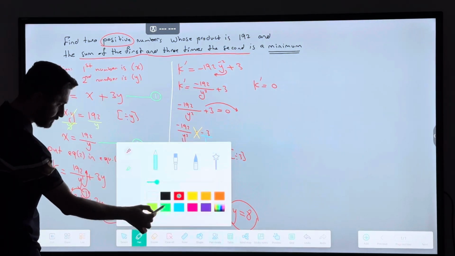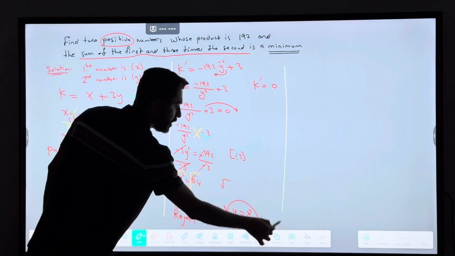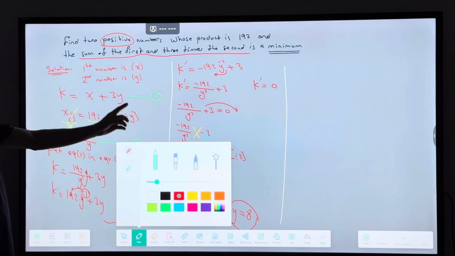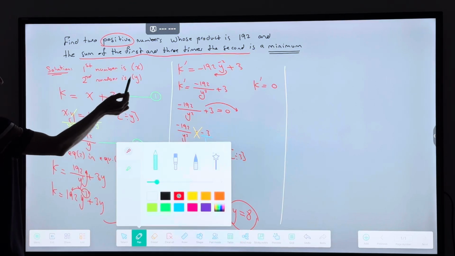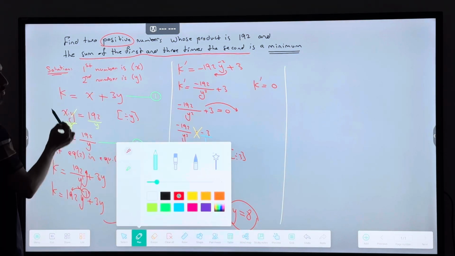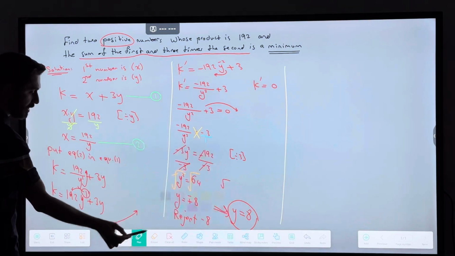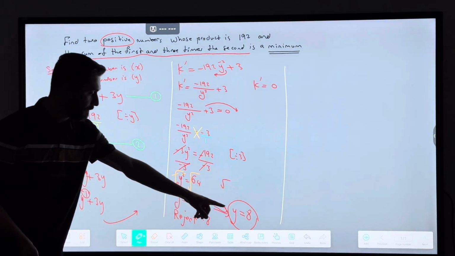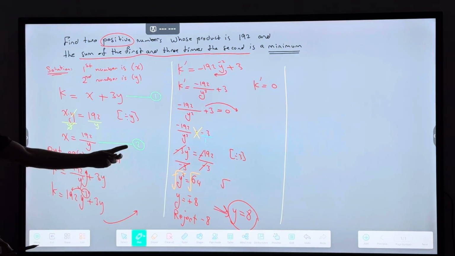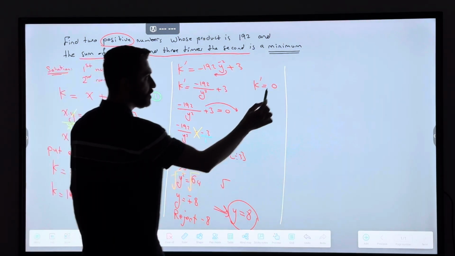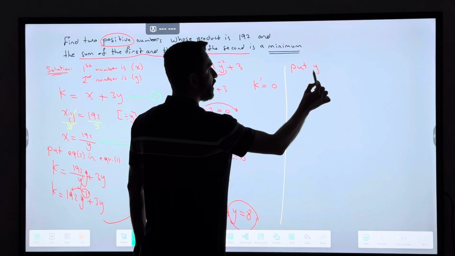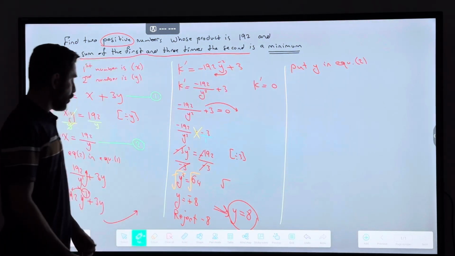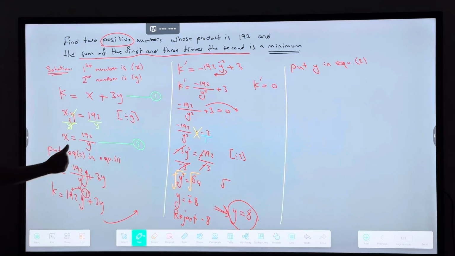Next, we have to find the first number, because y is the second number and we need to find the first number as well. So we put y in equation 2. Equation 2 is x equals 192 over y.